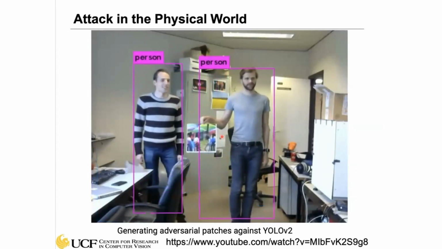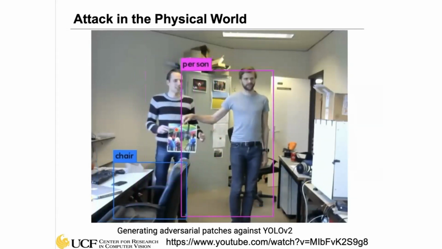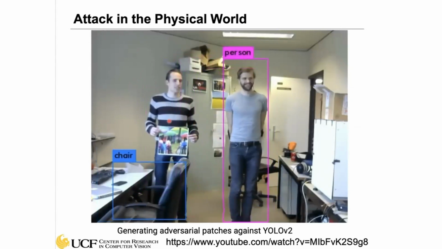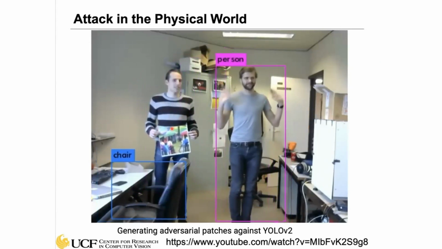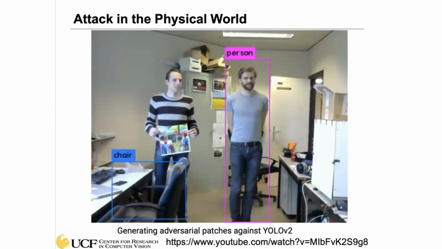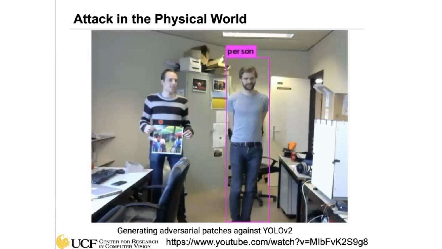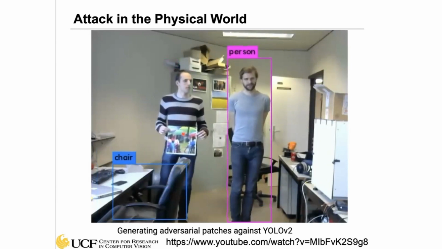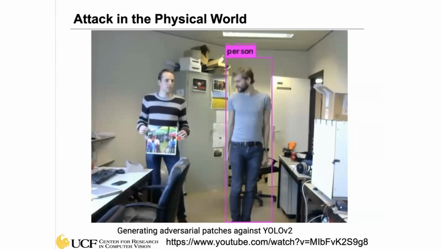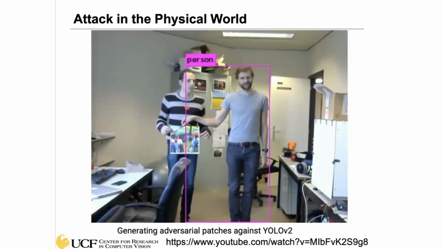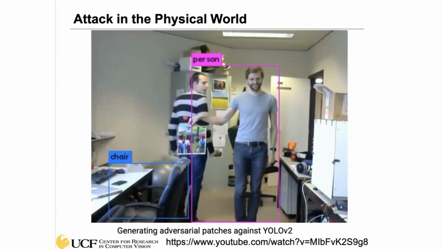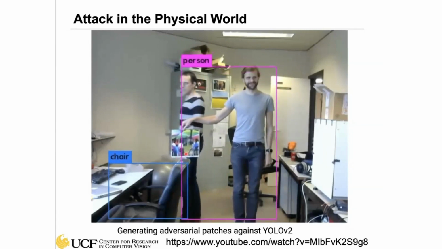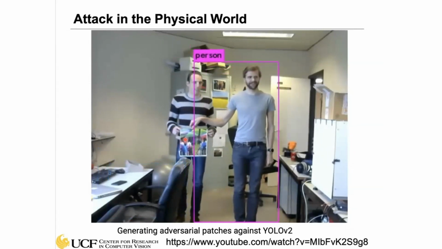Okay, so they are actually going to switch over, right? So now this person with this specific design will make this YOLO V2 object detector fail to detect this is a person. So you can imagine this kind of pattern can be easily incorporated, like in the design of a t-shirt, right? So people can wear a t-shirt with this type of design, and people wouldn't notice any difference.